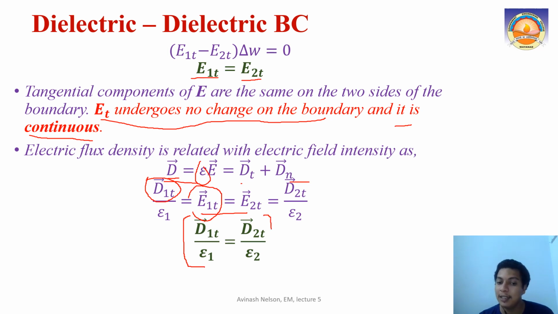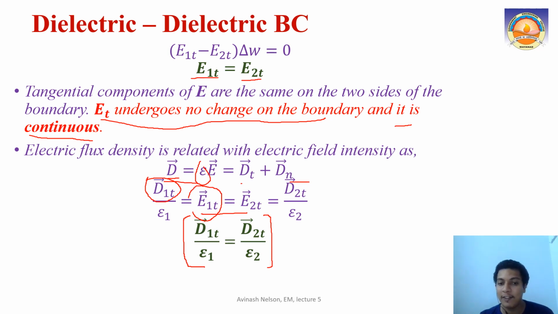Since the permittivity comes into the picture, D1t and D2t are not going to be equal. Understood? The tangential component of the electric flux density is not the same at the boundary between the two media, because your permittivities are different.